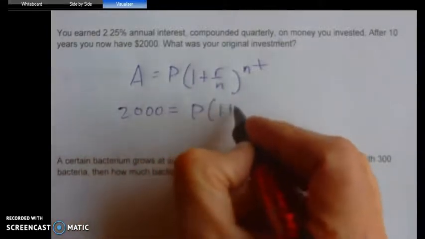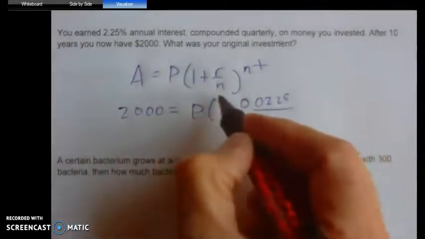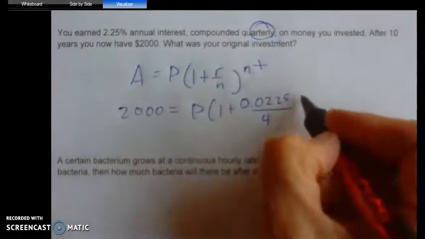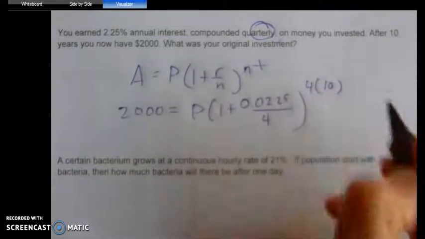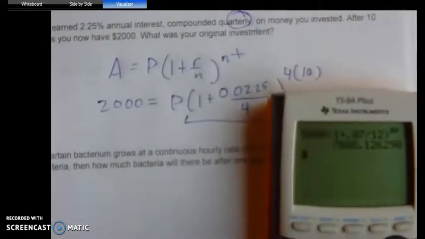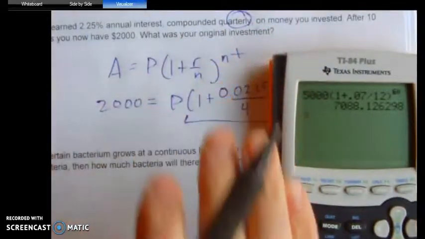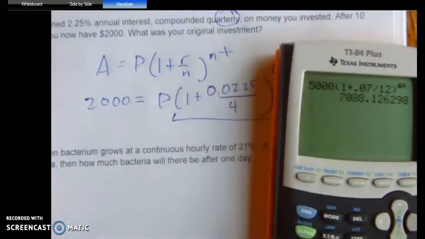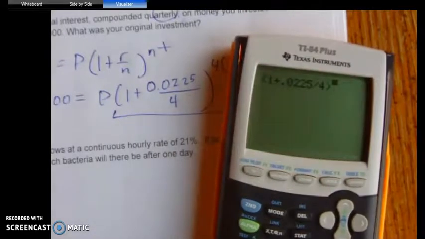So if I plug in my interest rate of 0.0225 over the number of times compounded per year, which is 4, and then to the power of 4, and the amount of time we said was 10, then the idea is I want to simplify what's being multiplied by P. A quick way to do that is parentheses 1 plus 0.0225 divided by 4, and then to the power of 4 times 10, which is 40.